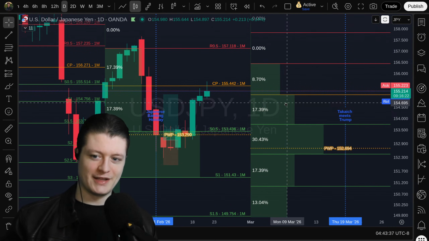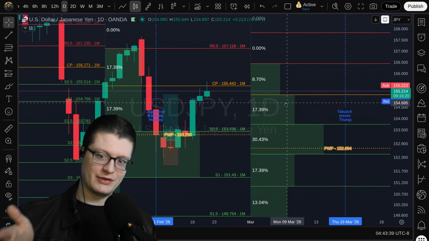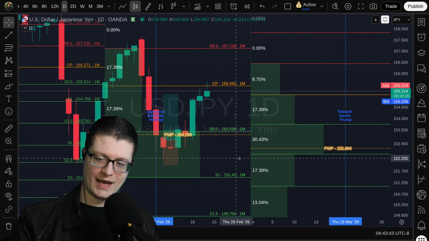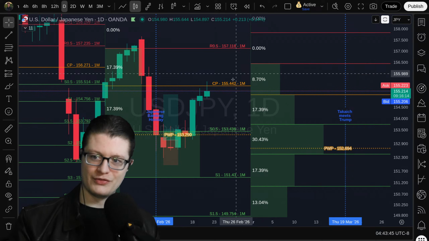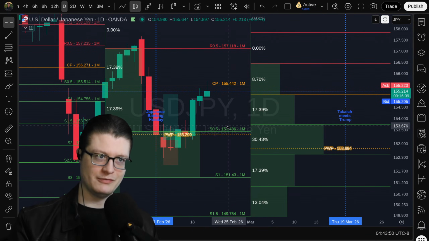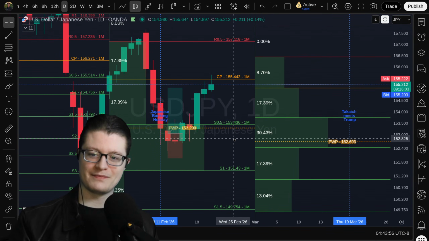And so I created this other metric called the probability weighted pivot, which is this orange dotted line that takes all of the pivot point levels and the probabilities assigned to each pivot point level as weights. And it generates this probability weighted pivot.